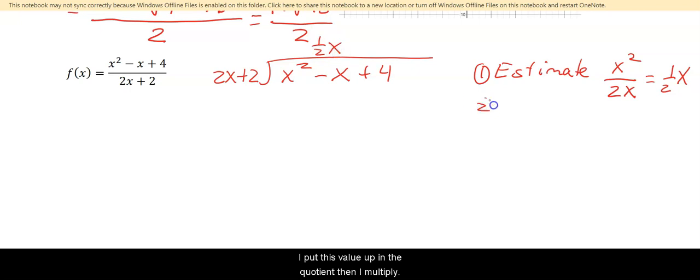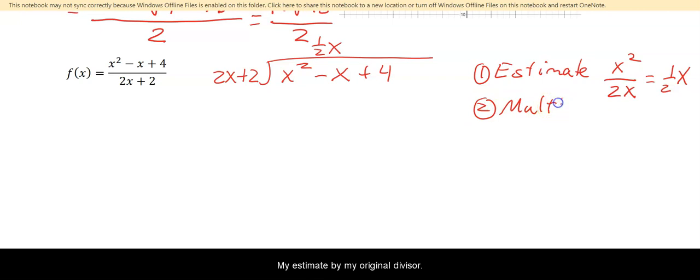Then I multiply my estimate by my original divisor. This will give me half of 2x is 1x times another x is exactly x squared. Those should always match. 1/2 x times 2 would give me 1x.